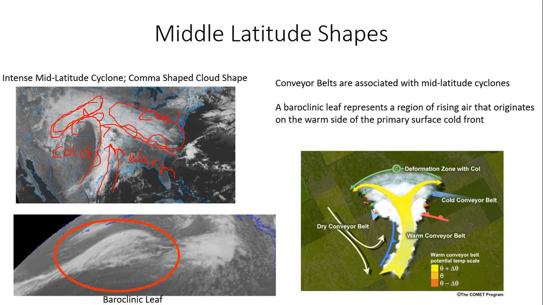And you have these conveyor belts. I'm showing them down here in the bottom right. There's various conveyor belts which transport either cold or warm temperatures, various moisture properties in conjunction with the mid-latitude cyclone. You can get a feature known as a baroclinic leaf here in the bottom left. And that baroclinic leaf has more of an S-shaped pattern like that.